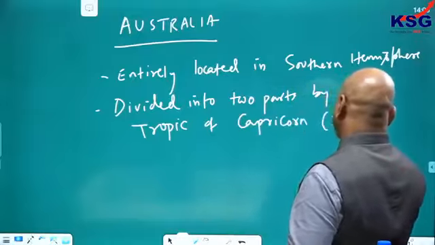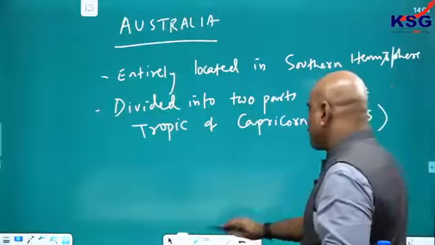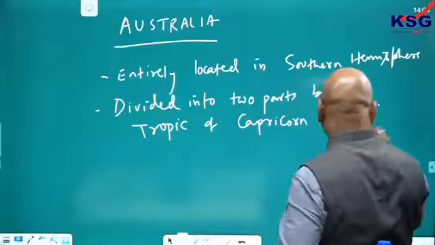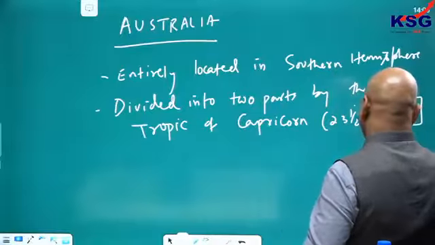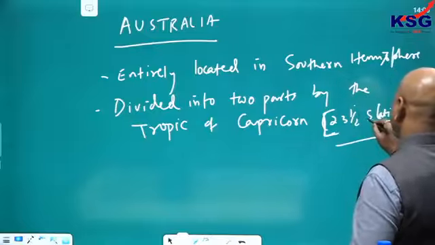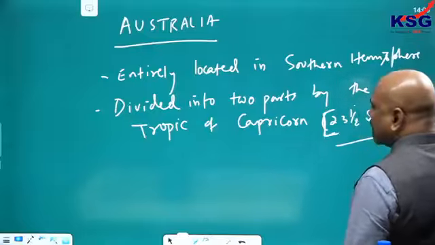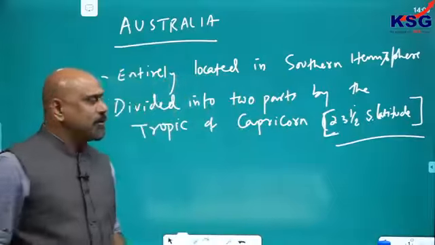Tropic of Capricorn is 23.5 degrees south latitude.